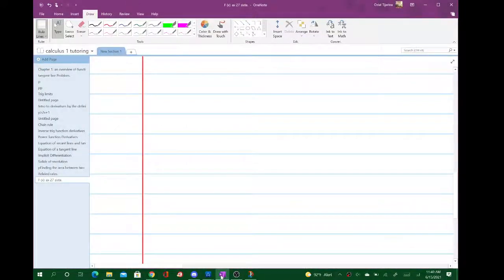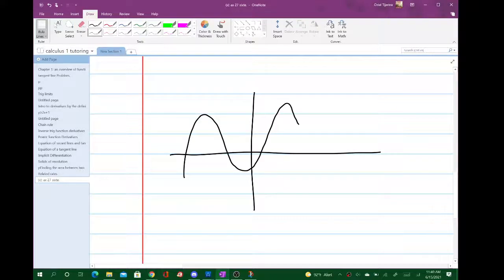So for example, if we have a function like this, let's say this is A, this is B, this is C, this is D. So here, here, here, and here. These are what we call critical points.